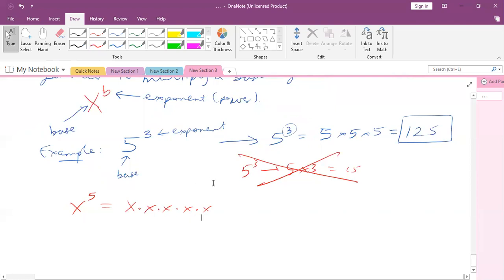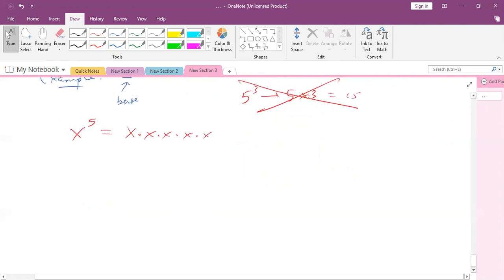So let's look at some of the properties of exponents. The first property that I want to talk about is known as the power rule. The power rule of exponents.